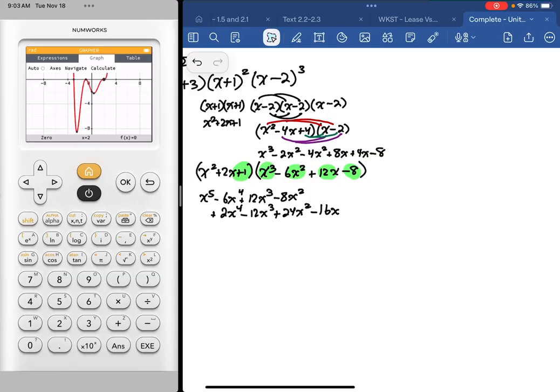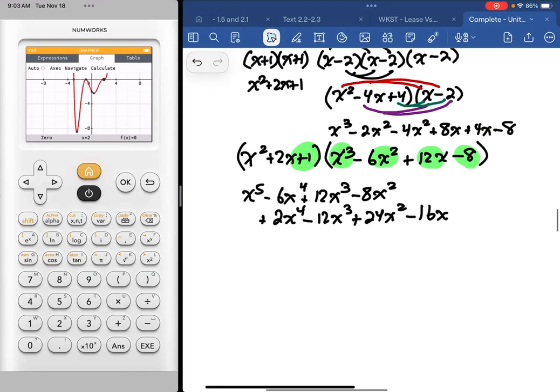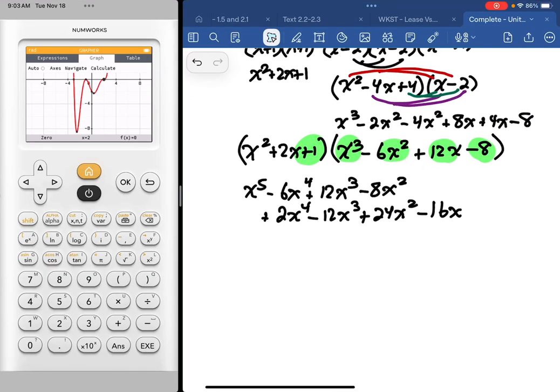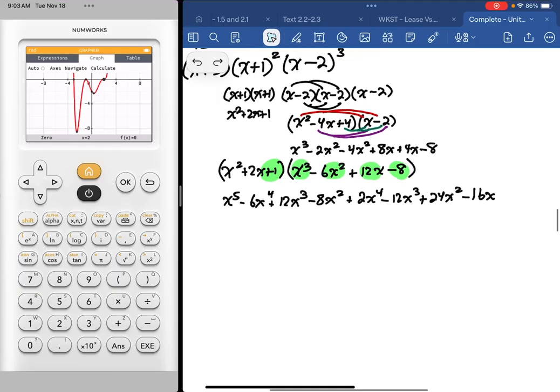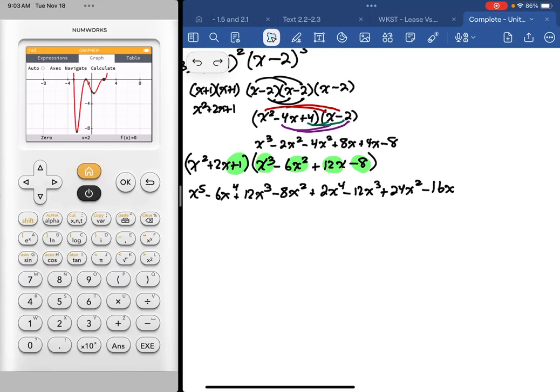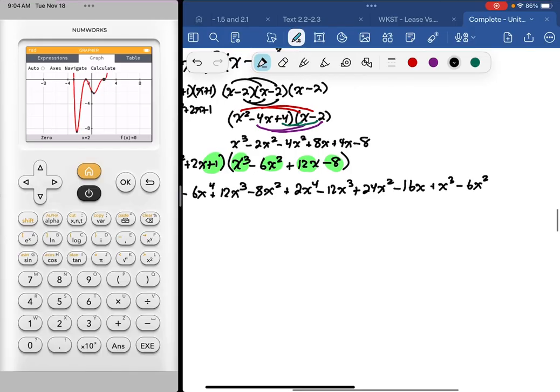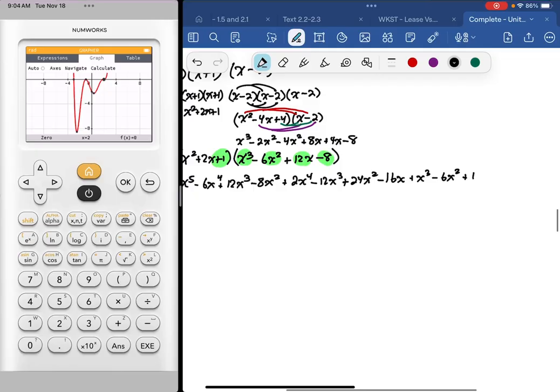You could write it like that so you can see what parts coincide. I already started doing it this way. So then plus x to the third minus 6x squared plus 12x minus 8.